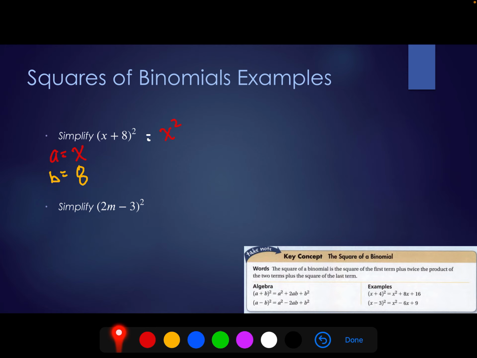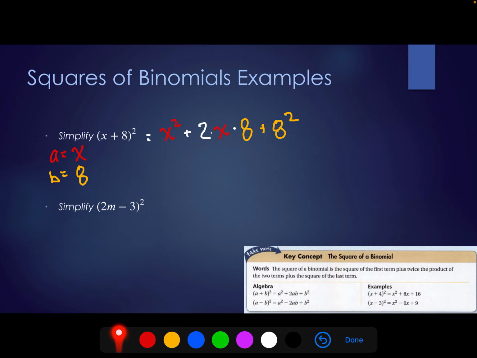So we'll do plus that 2 times our a term, which we said was x, times our b term, which we said was 8. Right, so this is times x, and now times our b term of 8, and then last it's plus b squared, right? And our b term is 8, so we just have to add 8 squared.